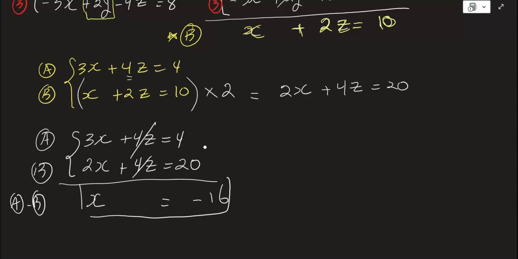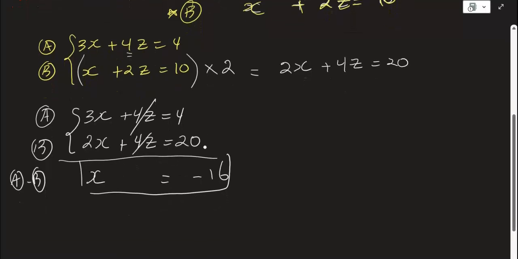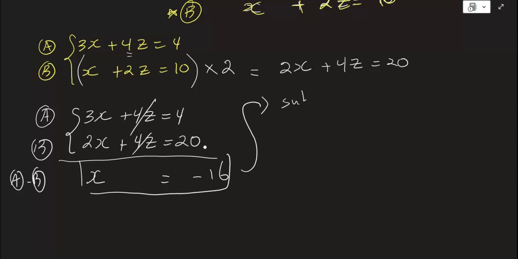Okay, now once we get x, we go back and we can substitute x into equation B. So here it is, sub into equation B, and we are going to sub into the original equation B, as in the original manipulated B, not the top equation.